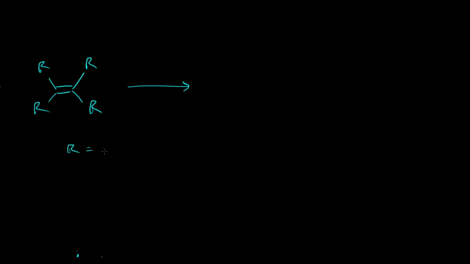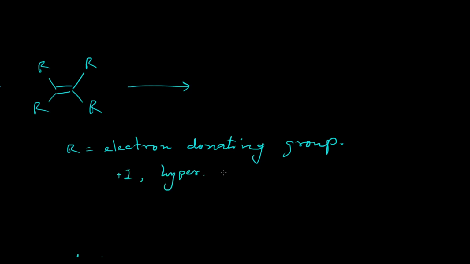If R equals electron donating groups, which will donate electron cloud via either a plus I effect, hyperconjugation effect, or plus R effect, then the rate of the epoxidation reaction is found to be greatly enhanced.